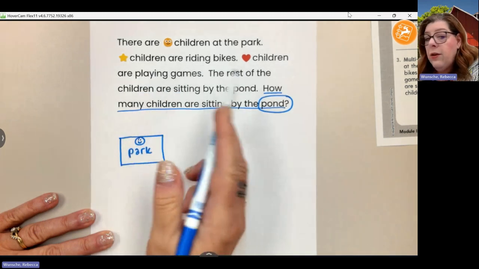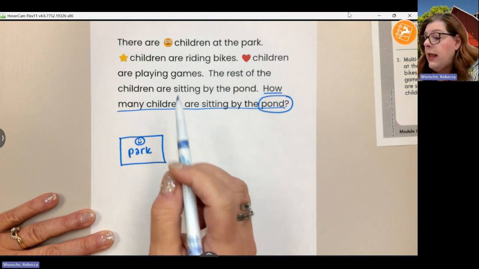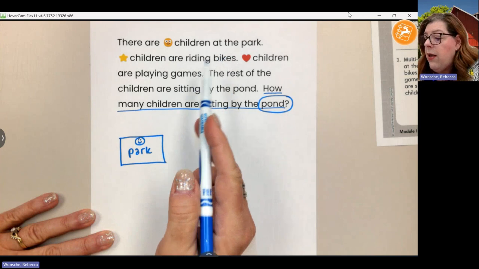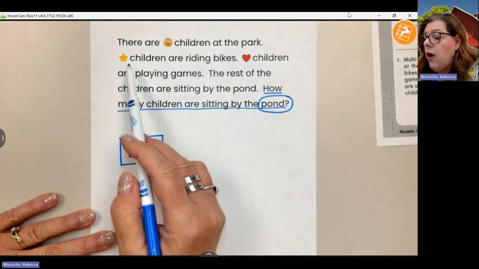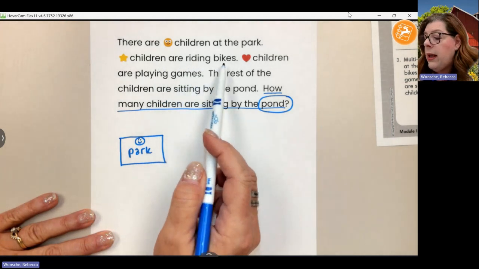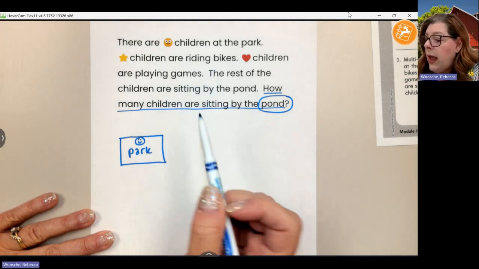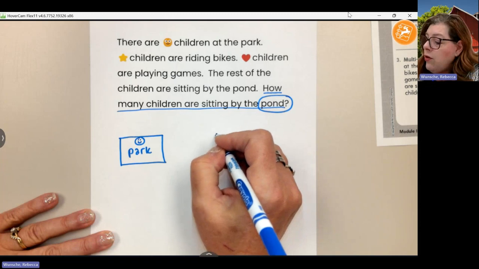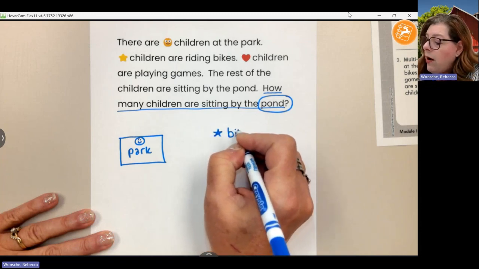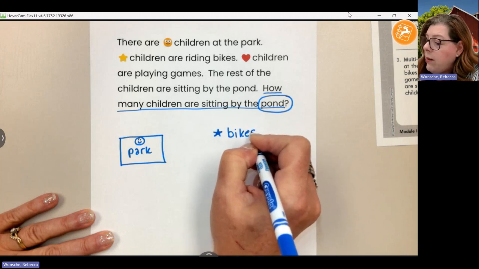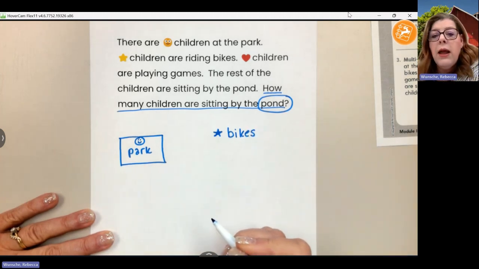Now, that's all I can learn from that sentence. I've taken care of all of the information in there. So I'm going to move to the next sentence. It says, star children are riding bikes. Okay, so star children have bikes. I'm going to put a star and I'm going to put bikes over here in my detective notes, just so I keep thinking about that that's something that those children are doing, okay?